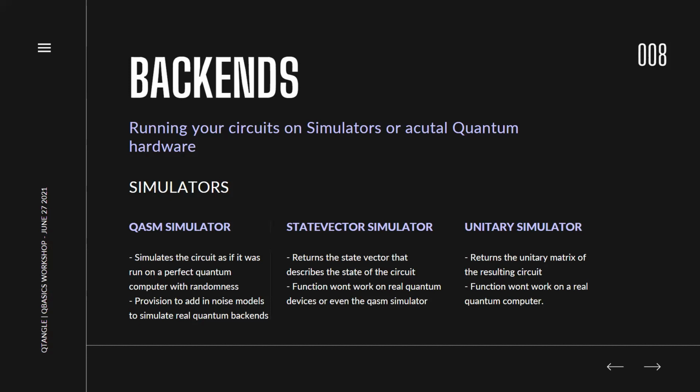That's normally what you'll get on a real quantum computer. The chasm simulator will simulate as if the state you get after measurement is what you want. There's another point here: it does this with a certain degree of randomness.